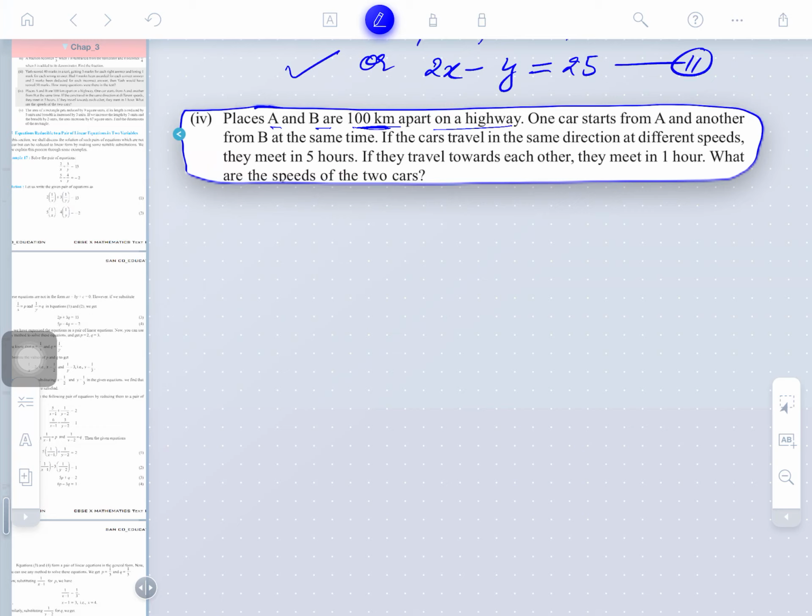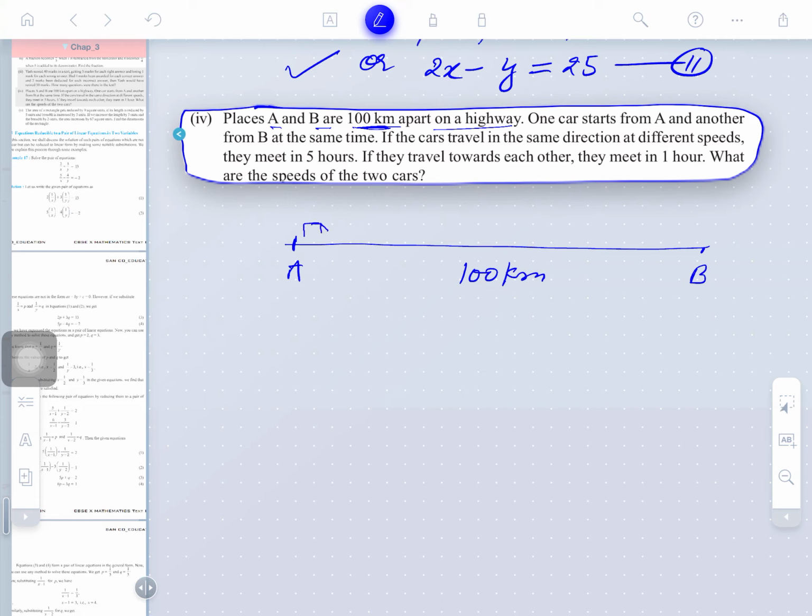Suppose this is the highway, and here 100 kilometer distant points are here. It's point A, it's point B. These are 100 kilometers apart.